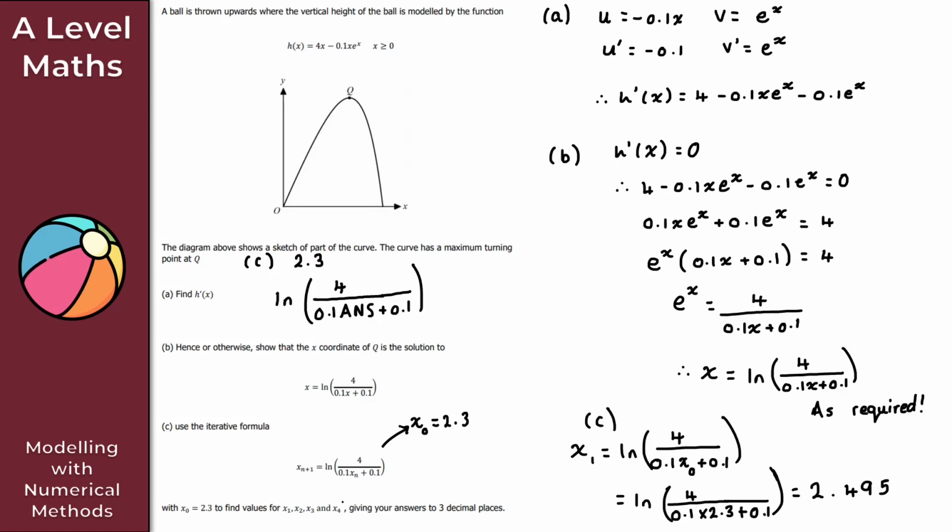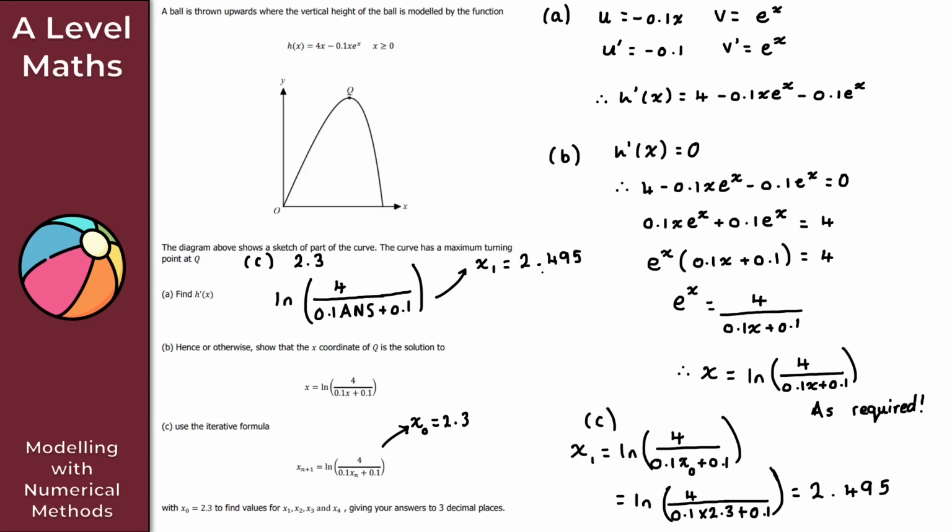The question wants us to give the answer to 3 decimal places, and we've already done that for x1. So let's note that x1, if we round this to 3 decimal places, gives us the exact same answer, which is what we would expect. If we get something different, then we know that something has gone wrong. So we get 2.495 there to 3 decimal places.